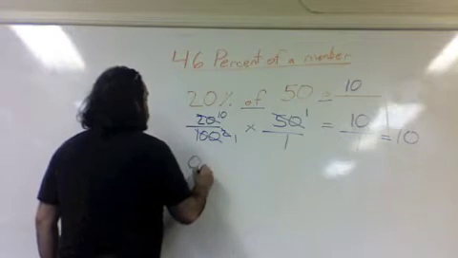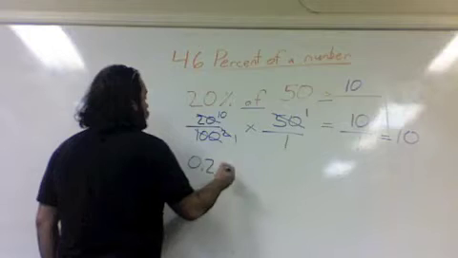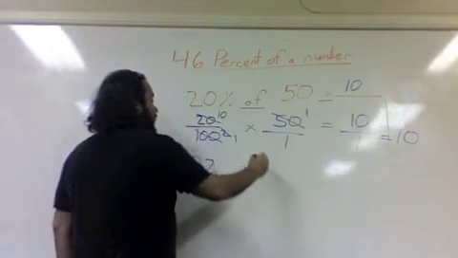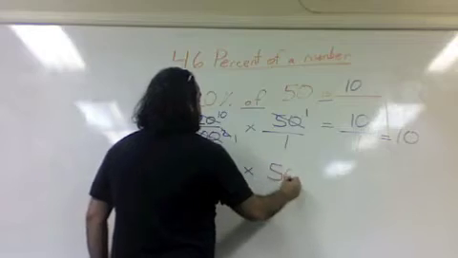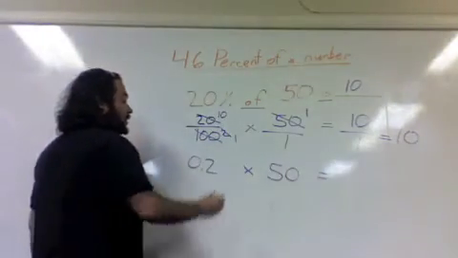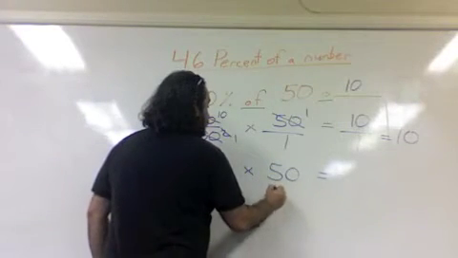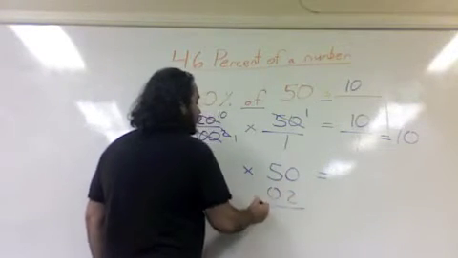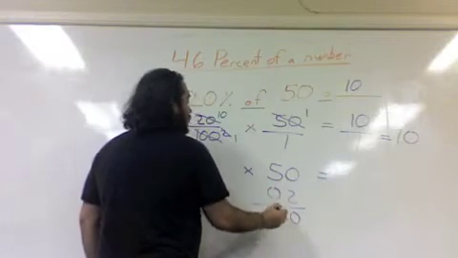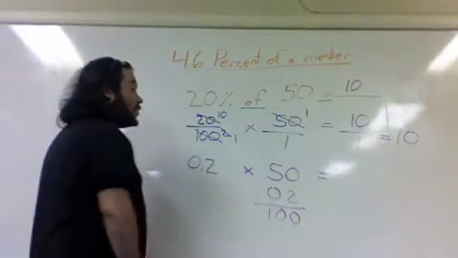Now, let me show you how you would have done that with decimals. 20% we know is 2/10, or 20 hundredths, times 50 equals, we know how to do decimal multiplication, right? 50 times 0.2, 2/10. 2 times 0 is 0, 2 times 5 is 10. We count how many numbers come to the right of the decimal point.